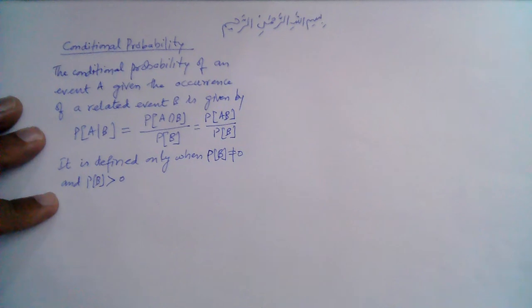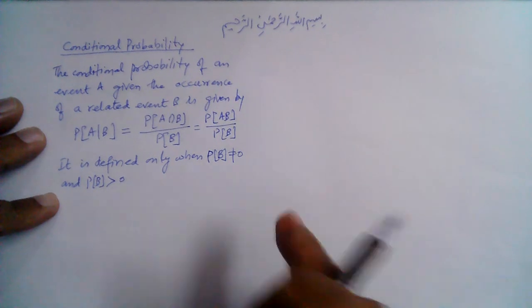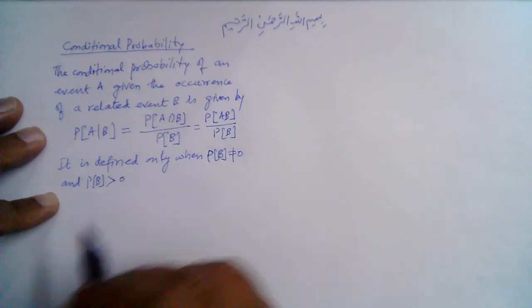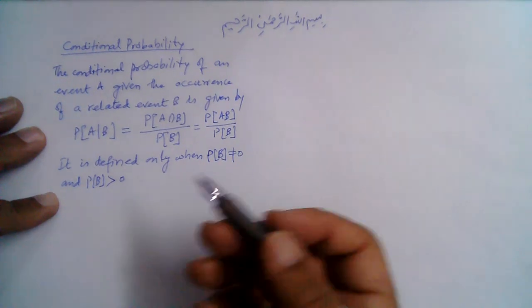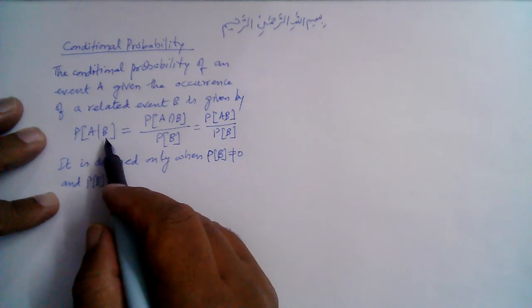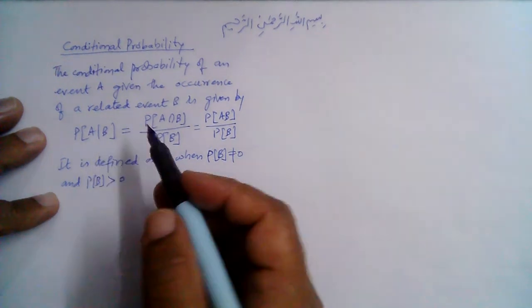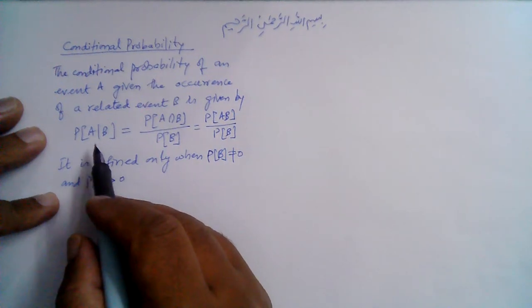Because probability cannot be a negative value, it's always greater than 0, and it should not be equal to 0 here. When probability of B is equal to 0, then B does not occur, so we cannot say that A given B occurs. So the conditional probability is not defined in that case.